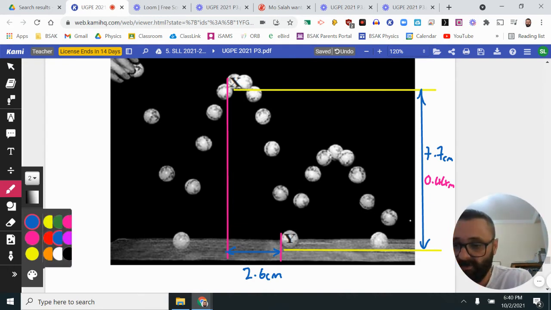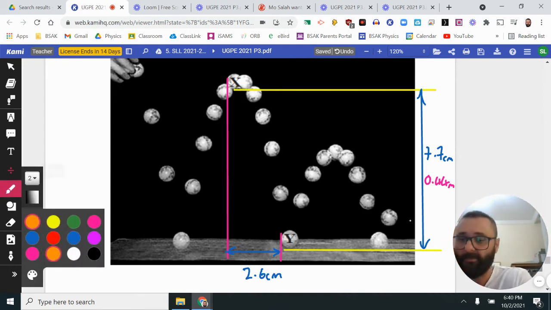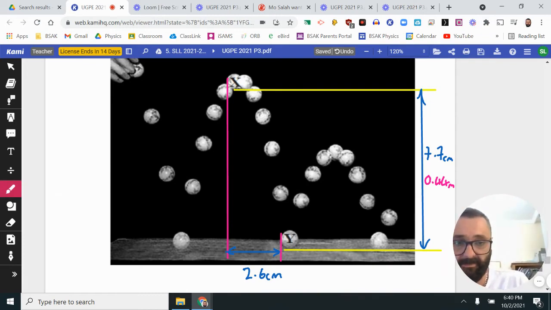Right, so using these two scales, we should have 2.6 over 7.7 multiplied by 0.44.